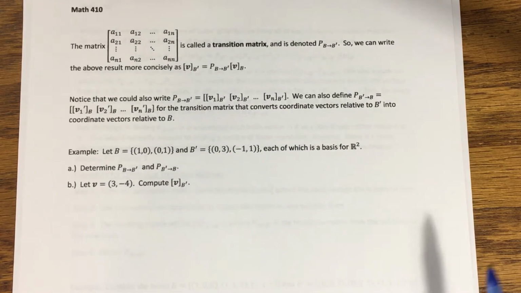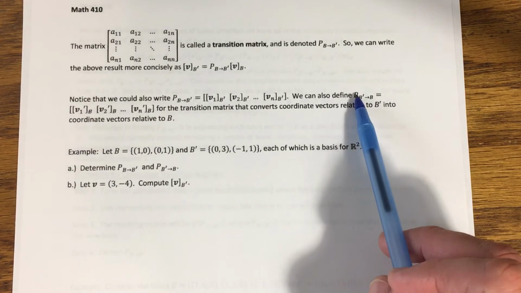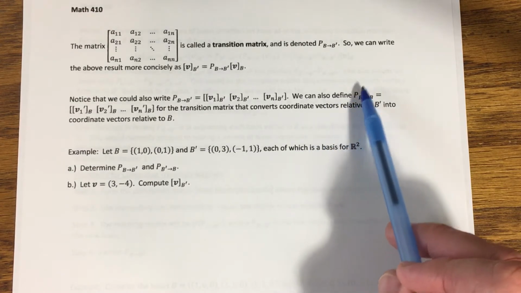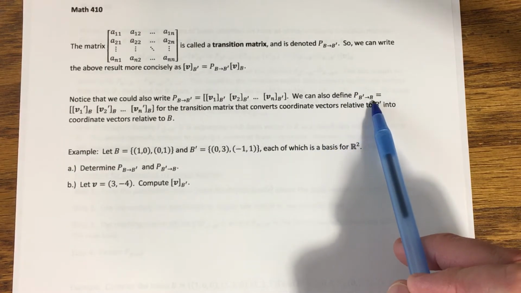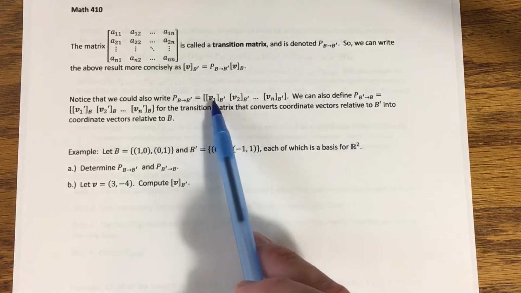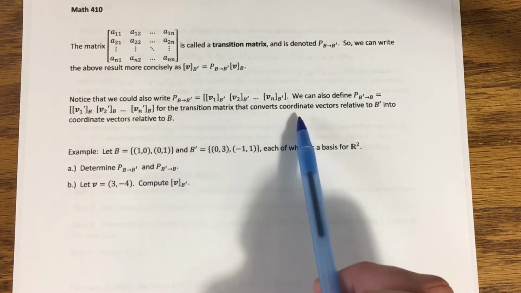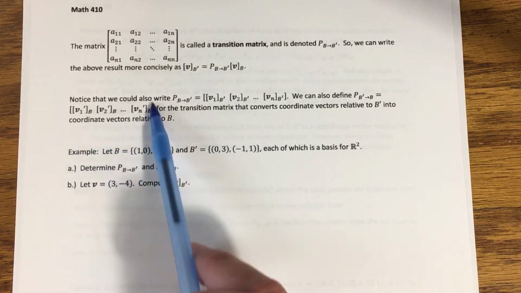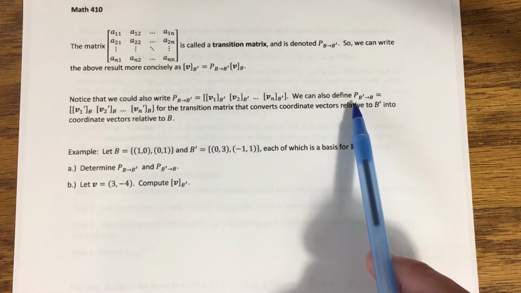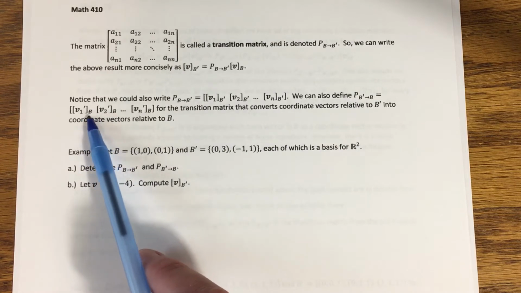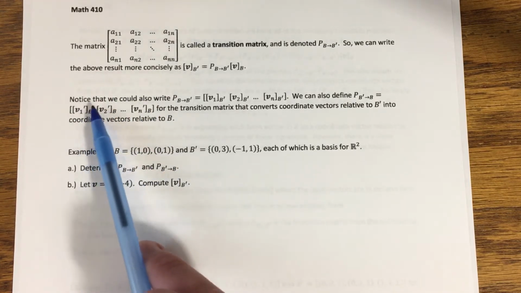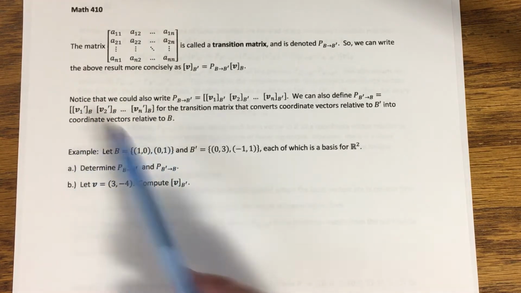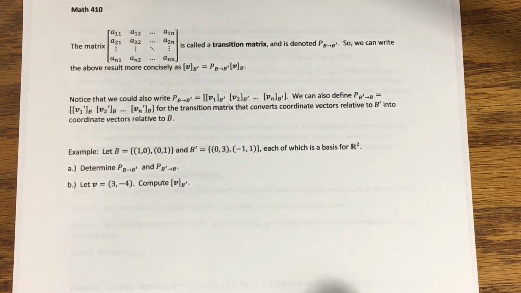If I needed to do this the other way around, if I wanted to find a transition matrix going from the new basis back into the old basis, then I essentially do the opposite of this. I take the vectors v1 prime, v2 prime, I take all of the vectors from my new basis, and then I express them as coordinate vectors relative to the old basis. Load them into this transition matrix as columns, and that becomes my transition matrix.